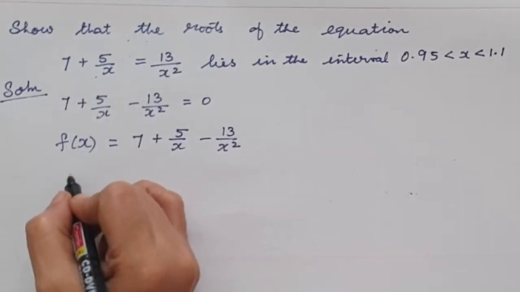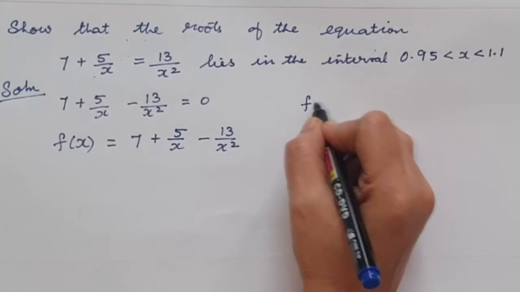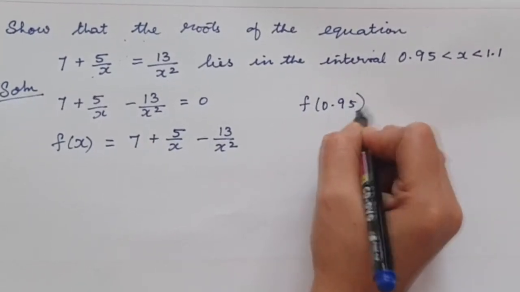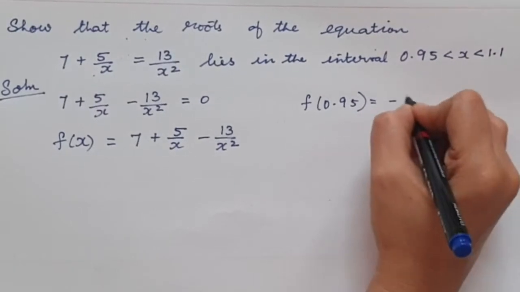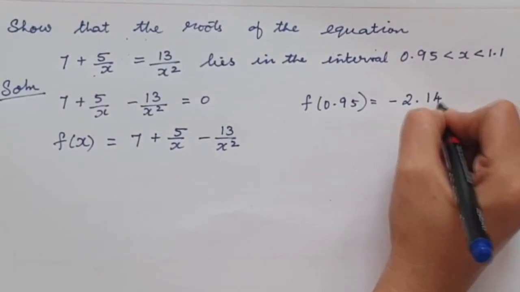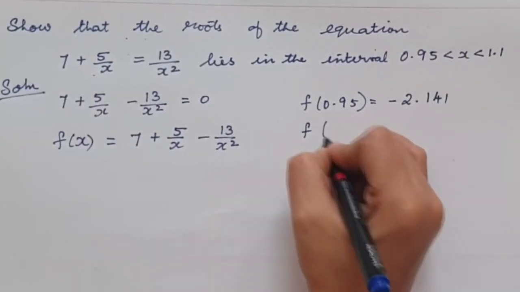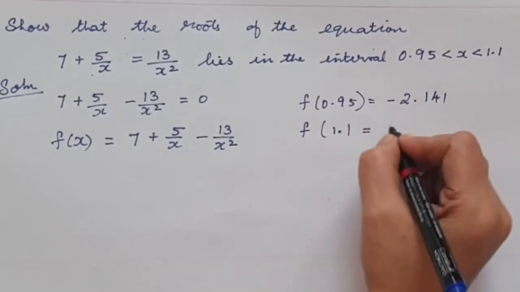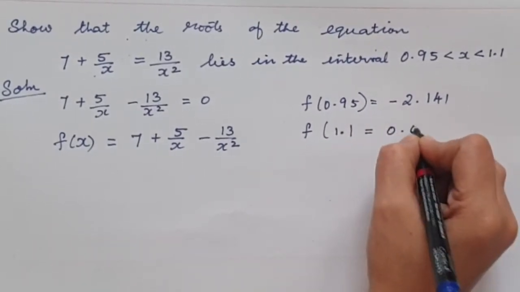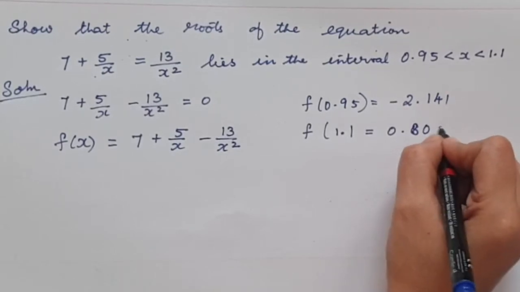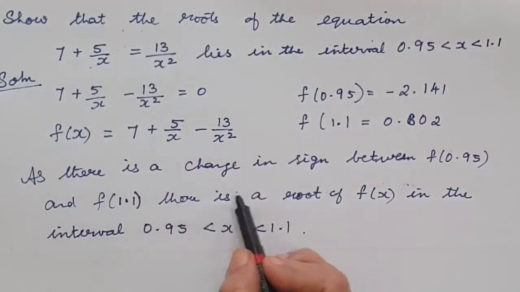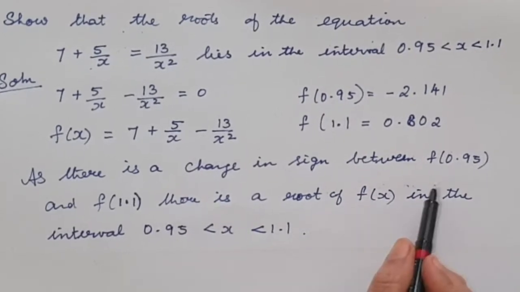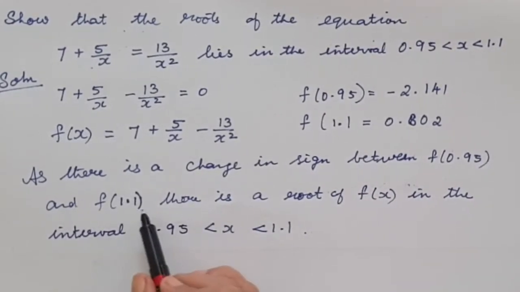Then we just find out the value for f of 0.95. When we substitute the value for x as 0.95, we get our answer as minus 2.141. In the same way, f of 1.1, when you substitute, you'll get your answer as 0.802. So the final statement has to be written as: there is a change in sign between f of 0.95 and f of 1.1.